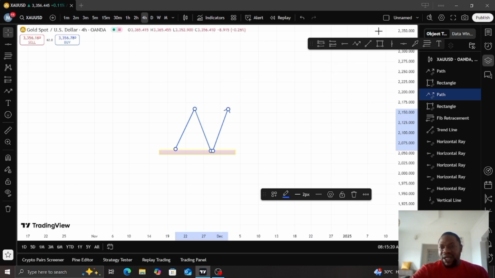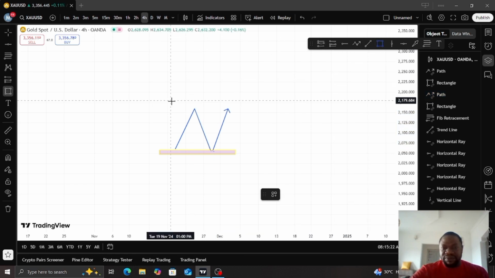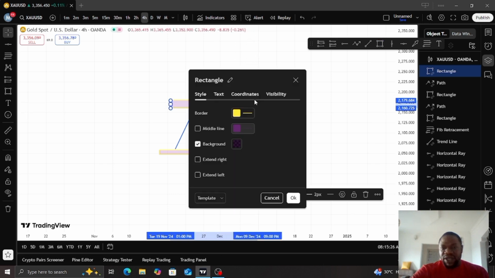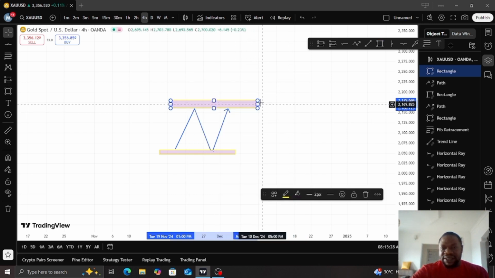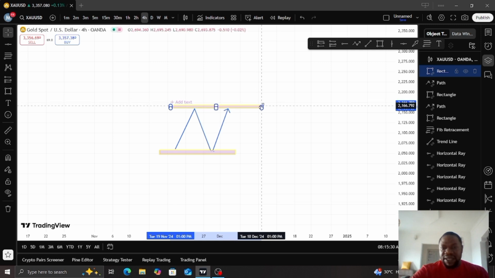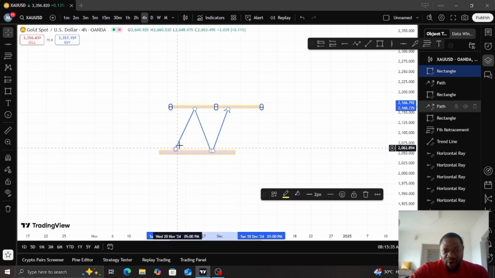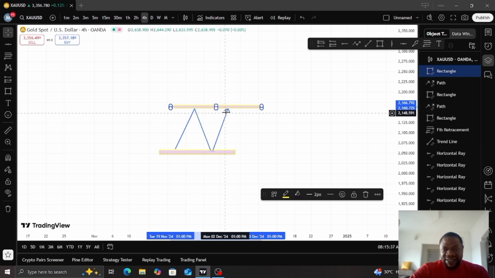Let me mark it out so you understand. I'm going to show you all these on the practical chart. So this is a resistance level. I hope this is gotten. So we have the support here and we have our resistance here. This is a support level and this is your resistance level.